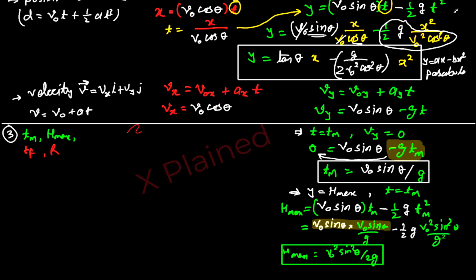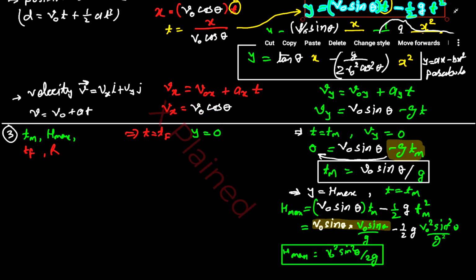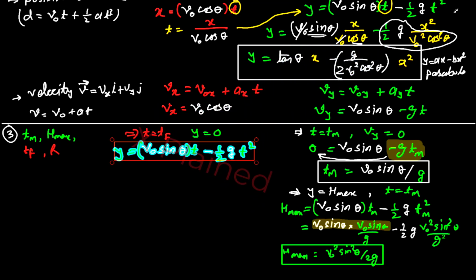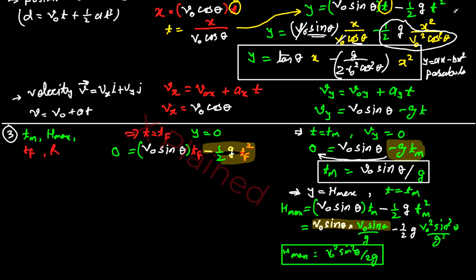Now your third required quantity is time of flight, the time when it will be back on the ground. That means your y will become 0. So again we have to use the equation of y and substitute the values. Your y is nothing but 0 and time is tf. Now let's move this term on the right side.